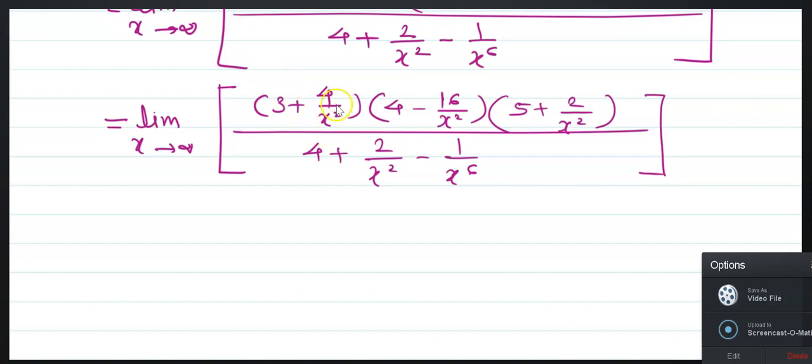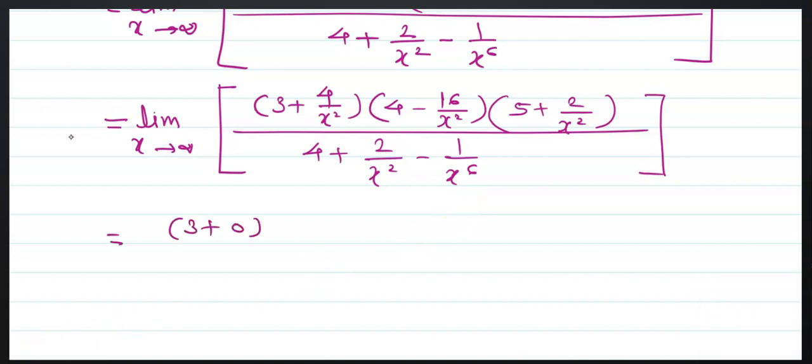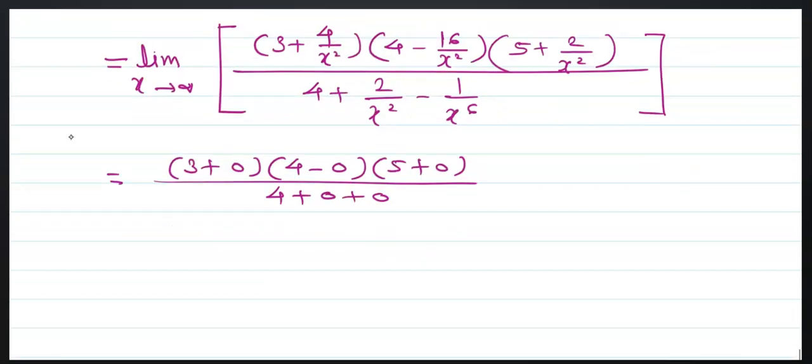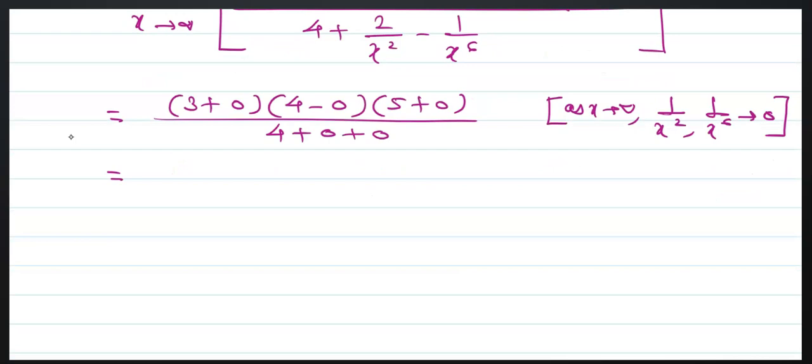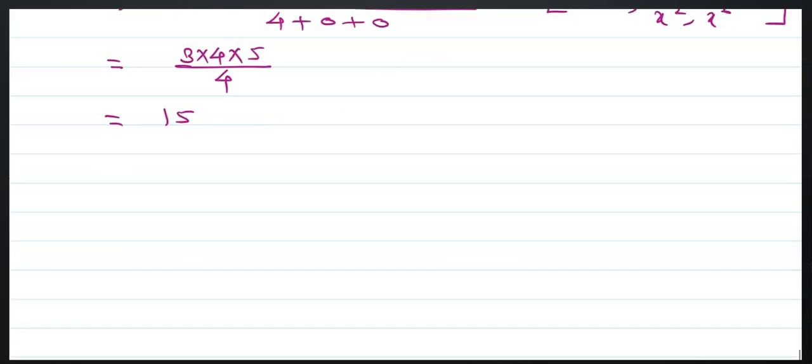Now as x tends to infinity, 4 upon x², minus 16 upon x², 2 upon x², 2 upon x² and minus 1 upon x⁶ become 0. That is 3 + 0, 4 − 0, 5 + 0, and the denominator will be 4 + 0 + 0, and overall you will get 3 into 4 into 5 upon 4. As x tends to infinity, 1 upon x² and 1 upon x⁶ tend to 0. Therefore, 15 is the answer. L is equal to 15.